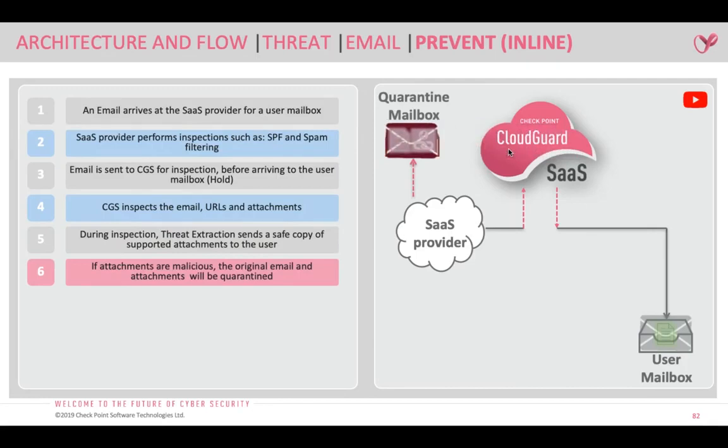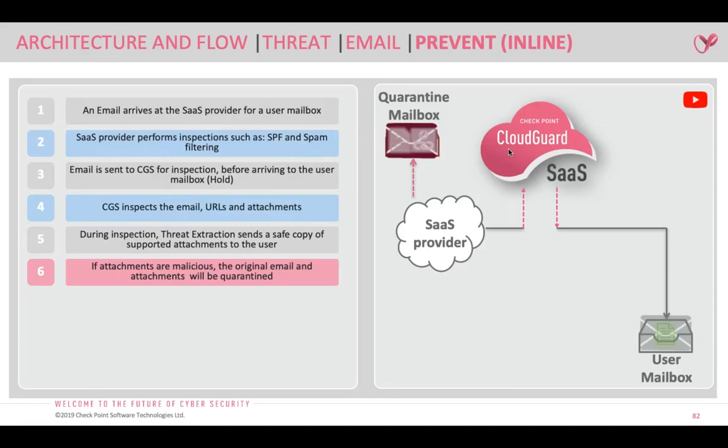And if it is found to be innocent, original attachments can be restored in one single click. As in your Outlook client, you'll be seeing an option called download original. The moment you click on it, the whole file which was found to be innocent would be downloaded and given to you. So you are not really having any kind of downtime over here, because you are using threat extraction to get the safe copy of the file.